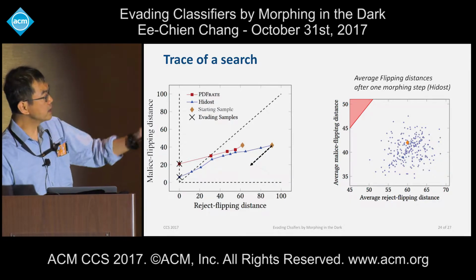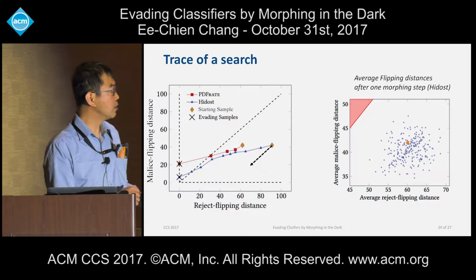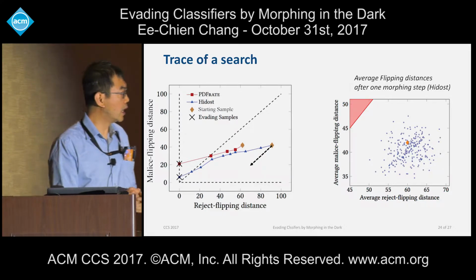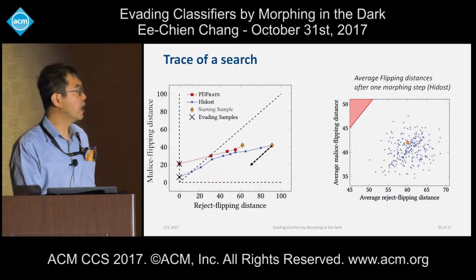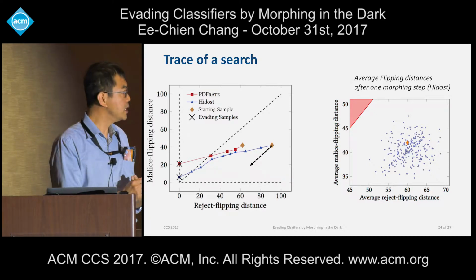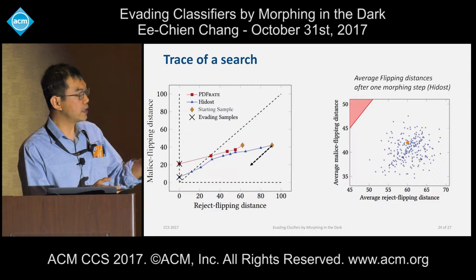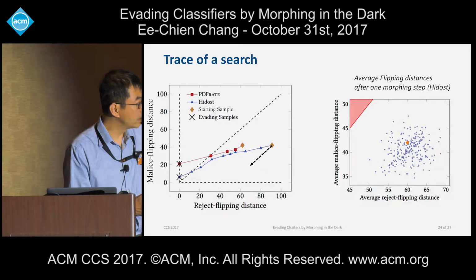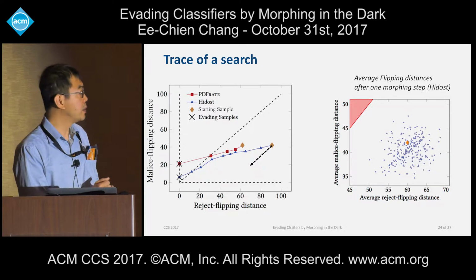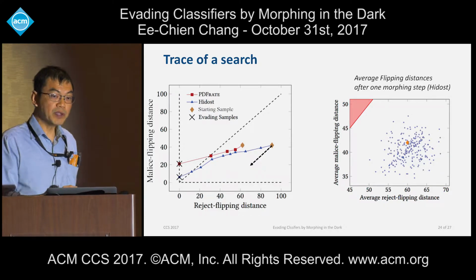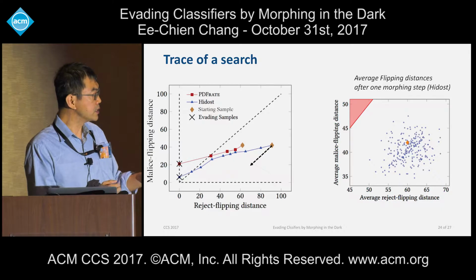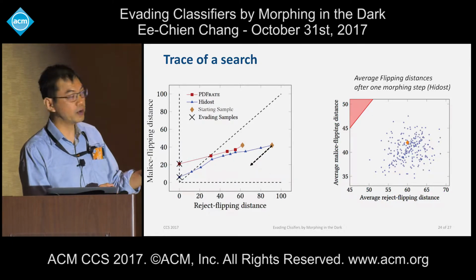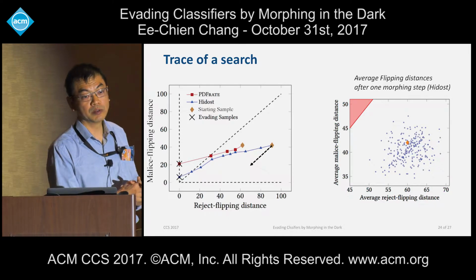This motivates us to study a model we call the abstract hidden state morpher model. In this model, every sample has two values, A and B, each corresponding to the average flipping error of the rejecter and the Miller's flipping errors. For every morphing step, the morpher outputs a random morphed sample with the hidden value changed according to the distribution described on the right.